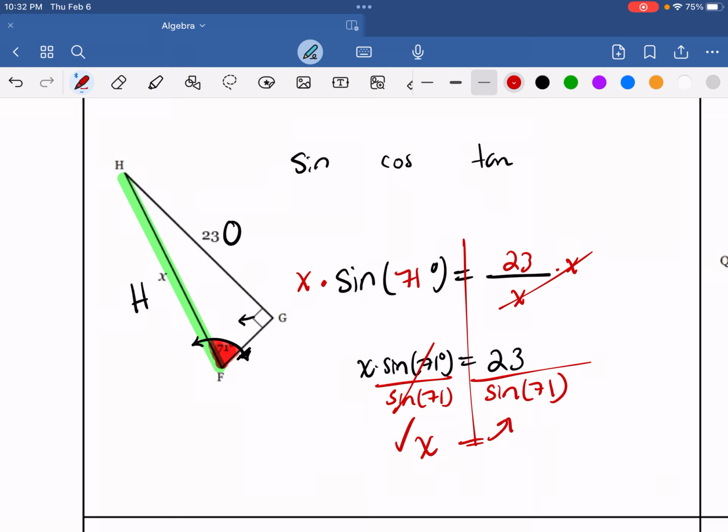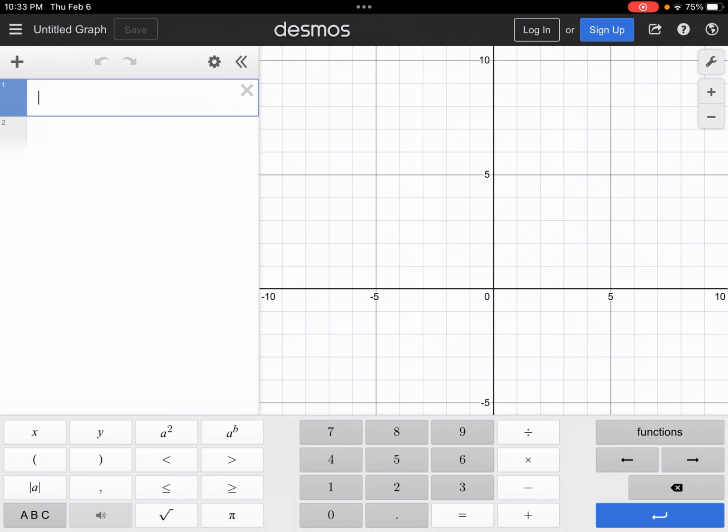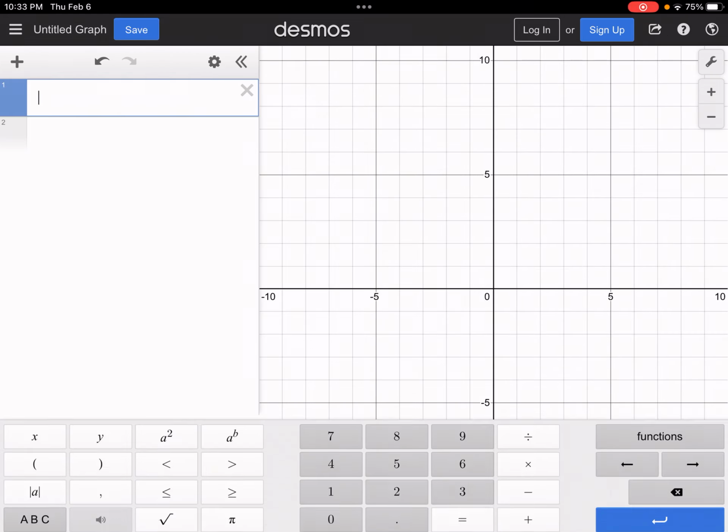If you type that into the calculator, you would get a decimal estimate, or you can also just leave this, the exact answer. All right, so let's go to decimals really quick. Don't forget on decimals, you got to click the wrench on the top right and change it to degrees. And now you can type in here.